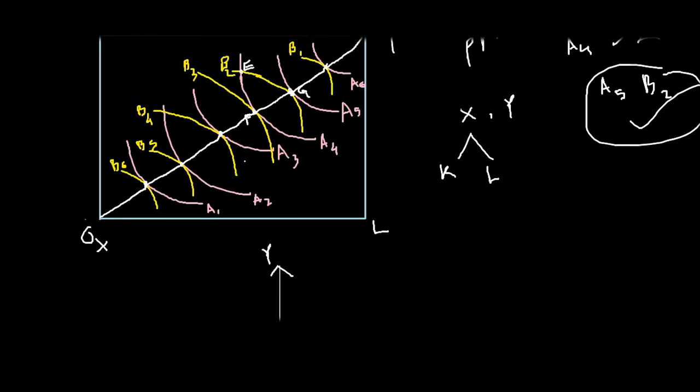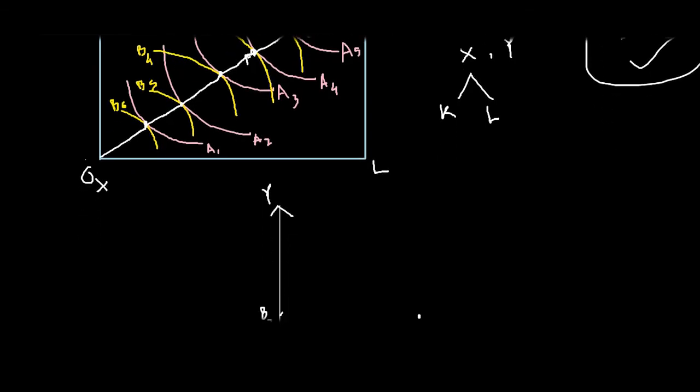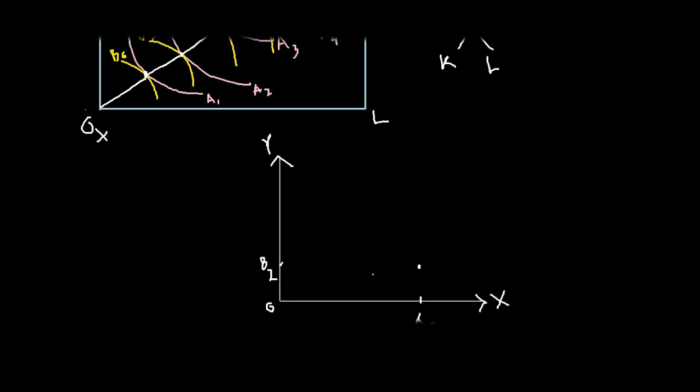Now let's move back to this diagram. Here again we see at this point how much of a is being produced: a4. And how much of b is being produced: b3. That means we got another combination, that is b3 amount of y and a4 amount of x. Let's move below and draw it here. Let's say this is b3, so b3 amount of y and a4 amount of x.